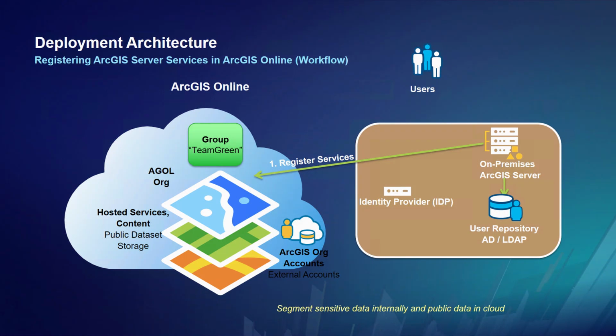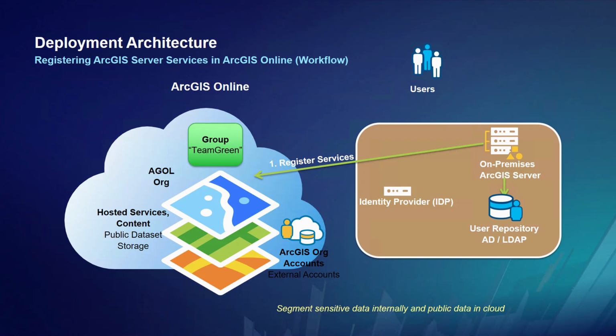Now, one of the things about this FedRAMP authorization, the security team from the sponsoring organization or agency was very interested in if you register an ArcGIS Server service, what type of information is going into ArcGIS Online. So I'll talk briefly about that, where you can have a group in ArcGIS Online.